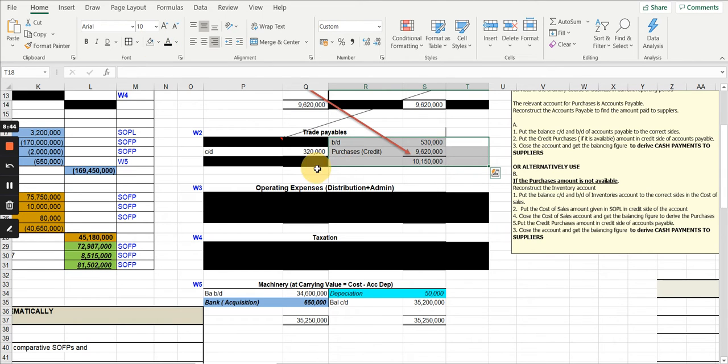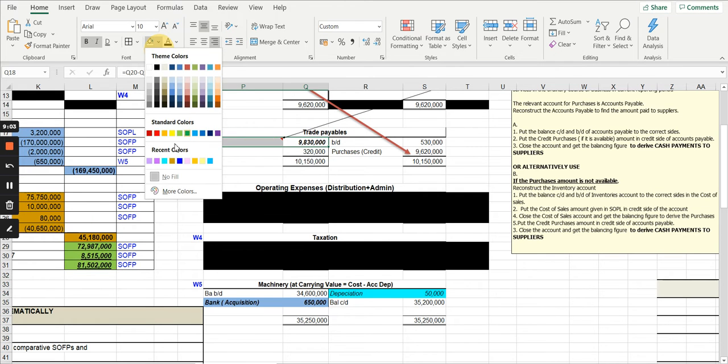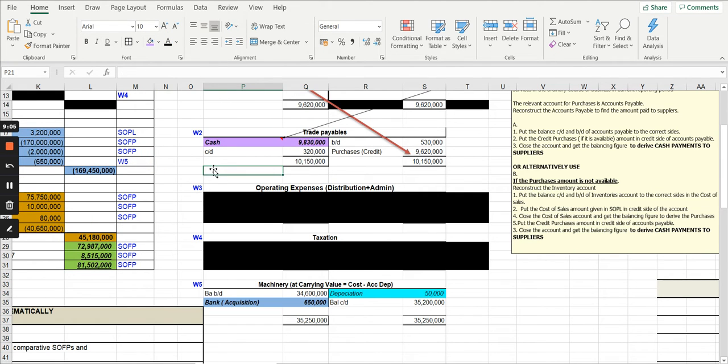Do that with me. Take your calculator, take your pen, and take your papers and do it with me. Total up the credit side, deduct the debit side. So the missing figure here is cash payment to supplier. Since this is an operating activity, I color code it purple.